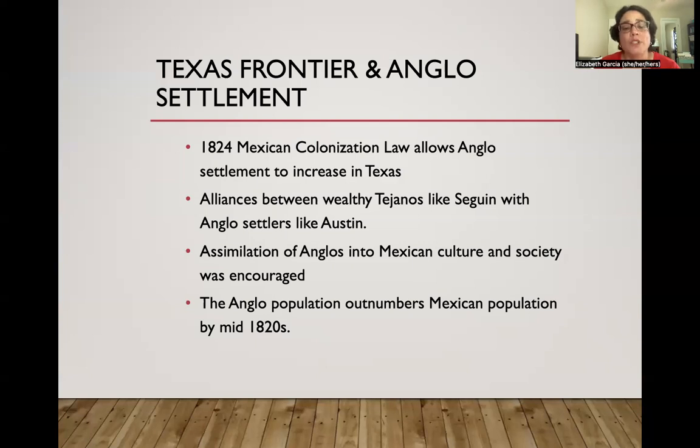This creates the opportunity for alliances between wealthy Tejanos like Juan Seguin, a very famous Mexican-American of this time period in Texas, and Anglo settlers like those in Austin. Assimilation of Anglos into Mexican culture and society was encouraged. And so this results in the Anglo population outnumbering the Mexican population by the 1820s.